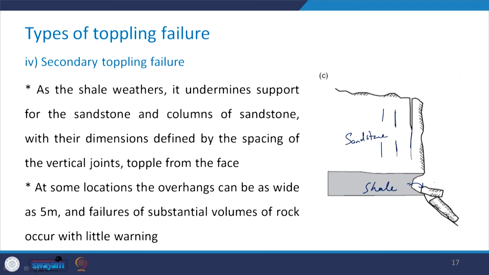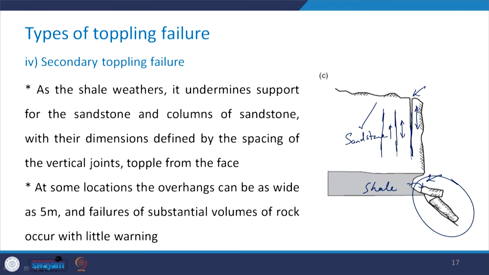The moment there is a weathering at this particular portion, there is going to be the formation of the columns in this sandstone portion along these vertical joints, which are the characteristic of the sandstone, and the moment it weathers and or erodes, the splitting of these columns starts taking place in the sandstone portion.